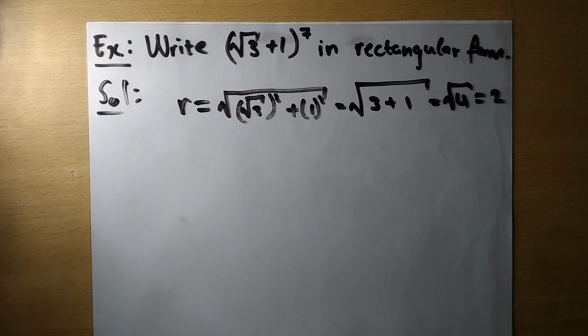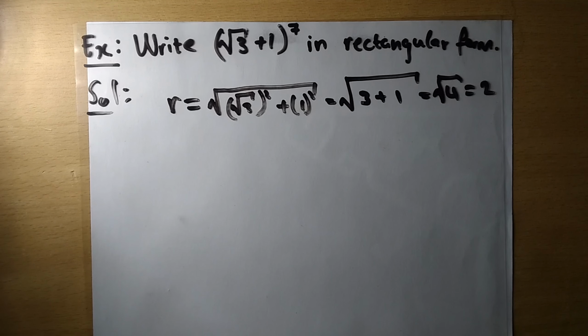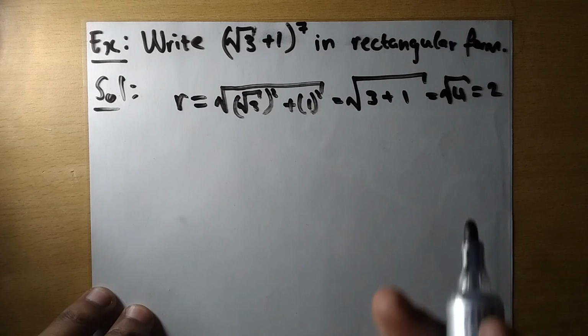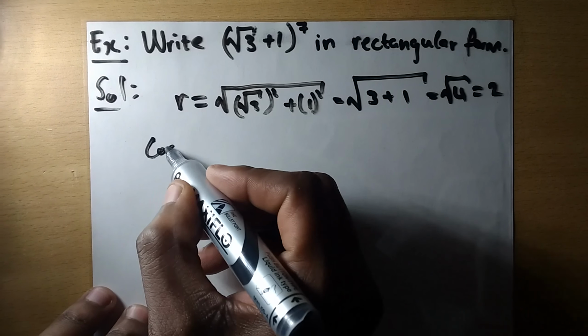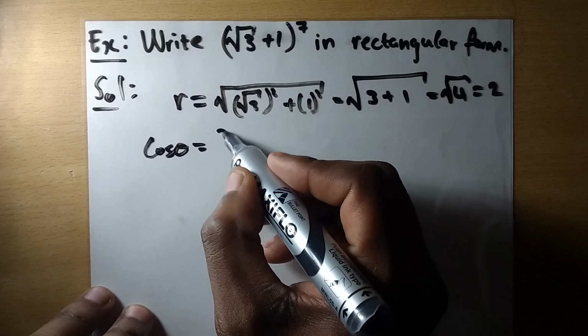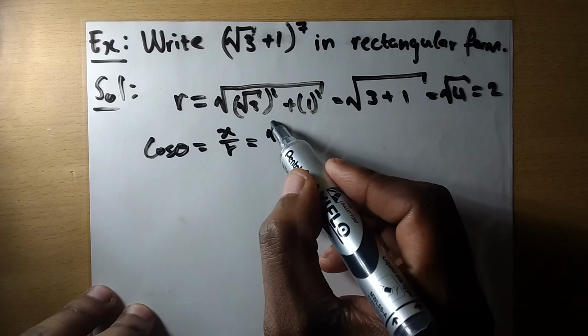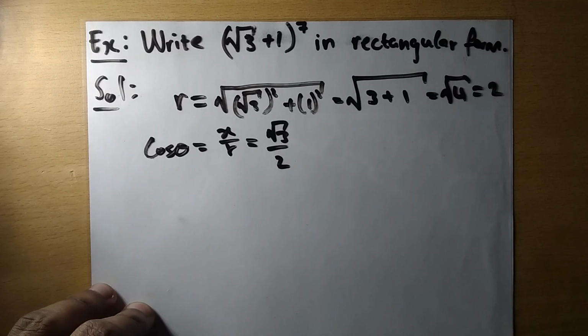After finding our modulus, we want to find our argument. First thing we need to remember is that cos of theta is equal to x over r. What is our x? It is the square root of 3 all over 2.